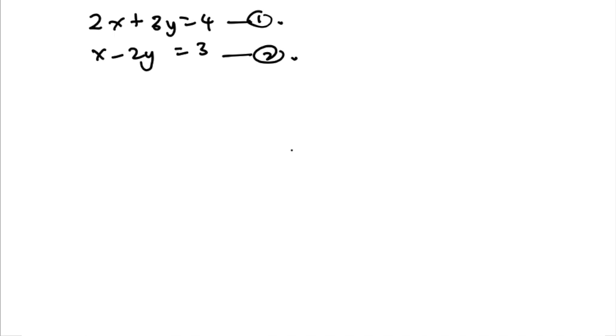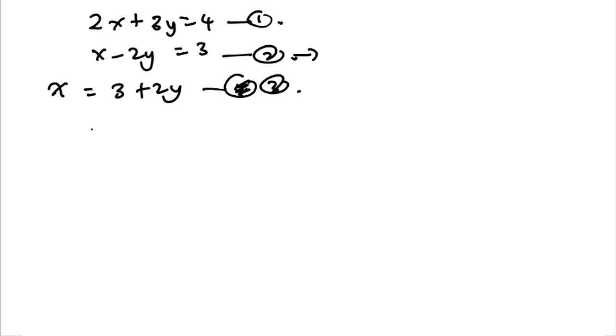Alright, so let's say I want to come up with x. I use equation 2 here, so I rearrange it: x equals 3 plus 2y. Do you get what I'm doing? Okay, 3 plus 2y. Let's call this equation 3.